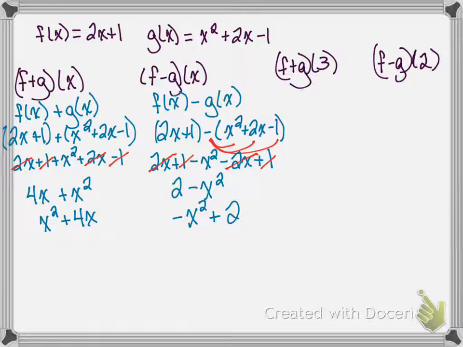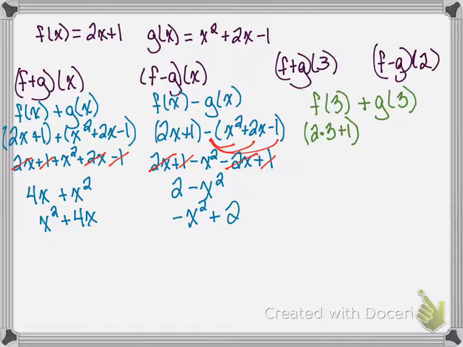Now, we are shifting gears slightly. Instead of having f plus g of x, we've got f plus g of 3. And that's different. But don't let it trick you too much. What f plus g of 3 means is f of 3 plus g of 3. So I'm going to plug 3 into f of x. So I get 2 times 3 plus 1.